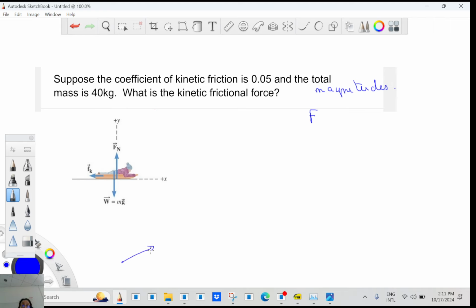When you have a vector, this is the magnitude here, and then you have components. Magnitude is the length of the arrow. Is that clear? So using the magnitude only, we have the kinetic friction equals the coefficient times the normal force.